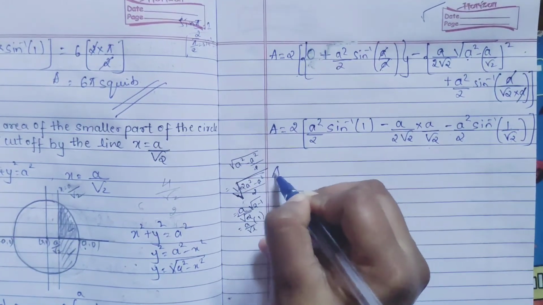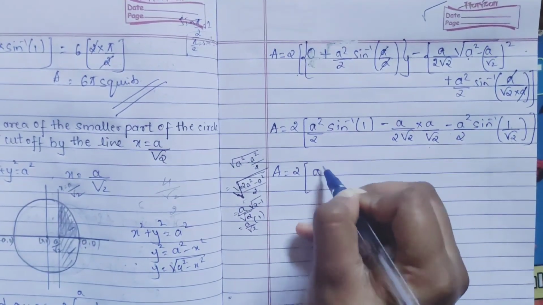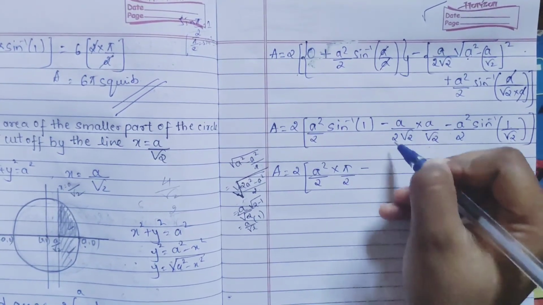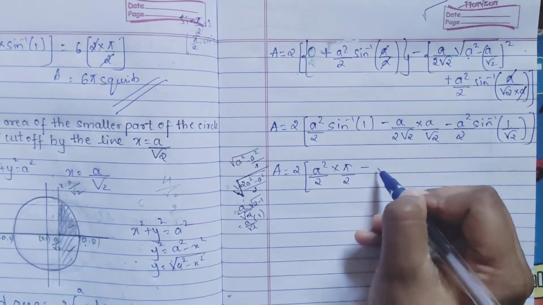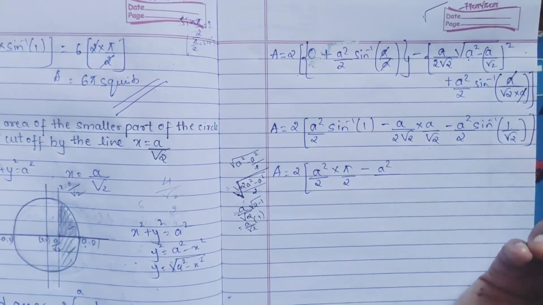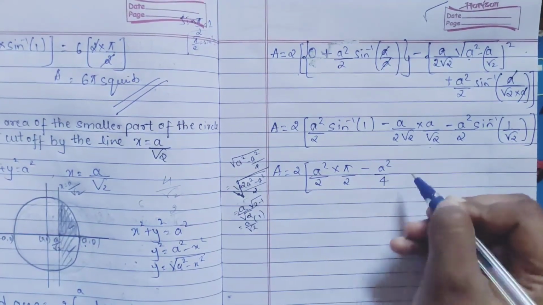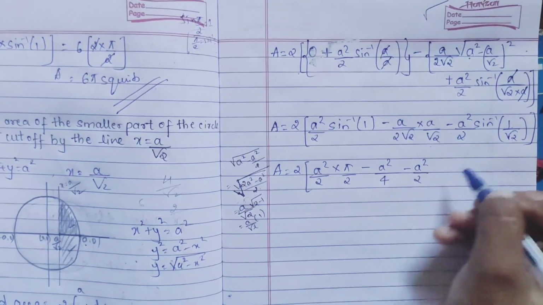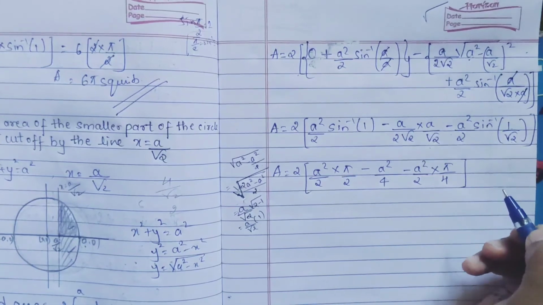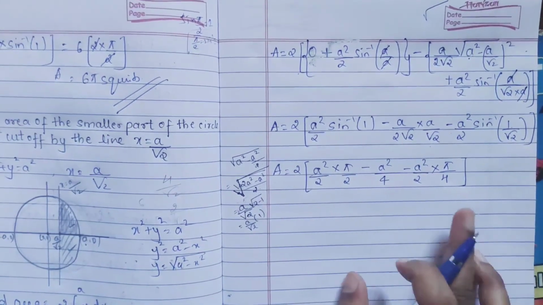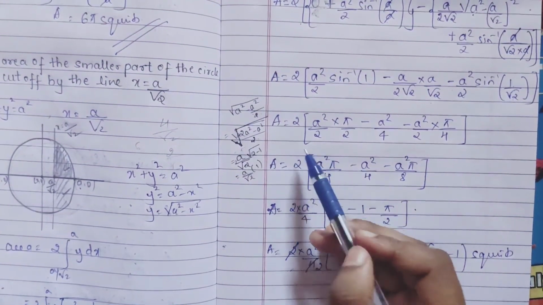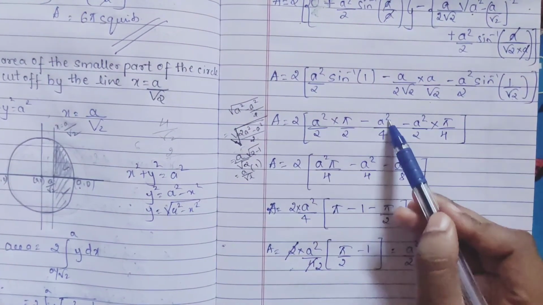So a square by 2 sin inverse 1 is nothing but pi by 2, minus a square divided by 2 root 2, and 2 into 2 is 4, minus a square by 2 sin inverse 1 by root 2, which is pi by 4, that is 45 degrees, since sin 45 is pi by 4. So you will get 2 a square pi by 4 minus a square by 4, a square pi by 4.